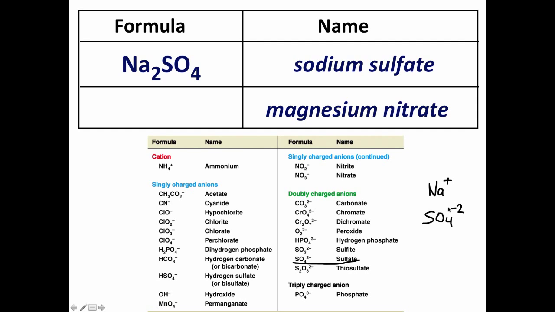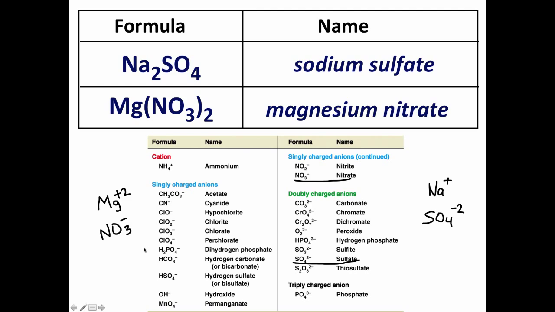How about magnesium nitrate? Well, magnesium we predict will make a +2 ion. We can tell this from using the periodic table. Nitrate, if we don't remember it, we're going to have to look it up, but nitrate is NO3 with a -1 charge, and it's going to take 2 -1 ions to balance off 1 +2 ion.